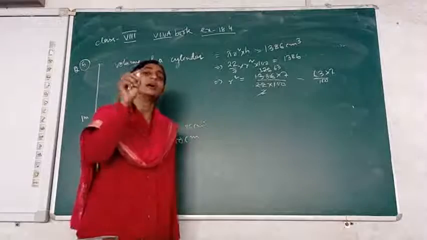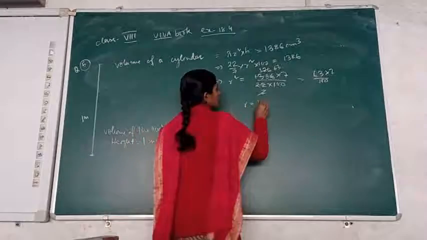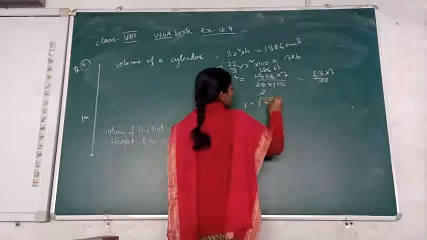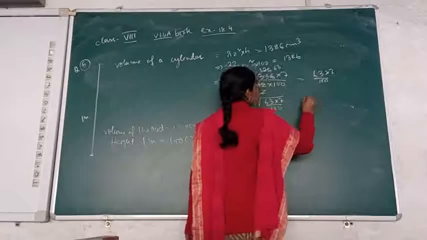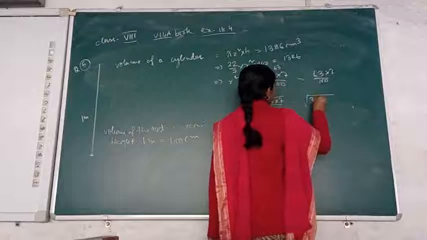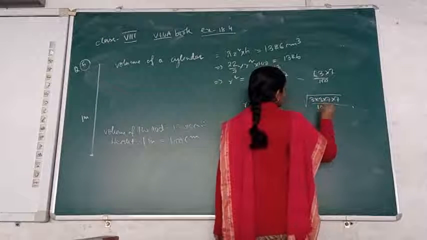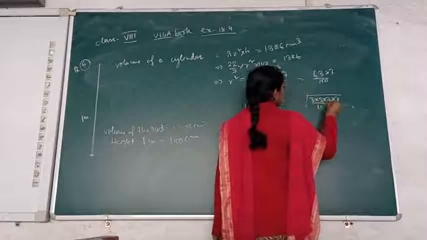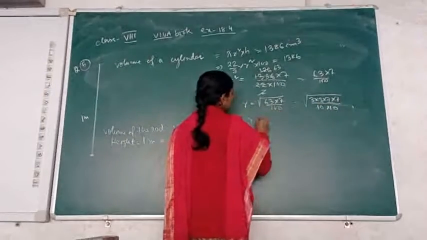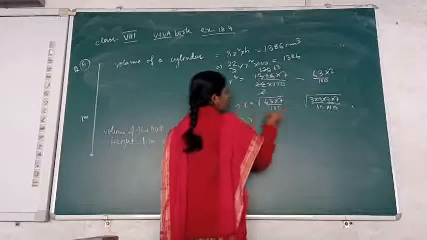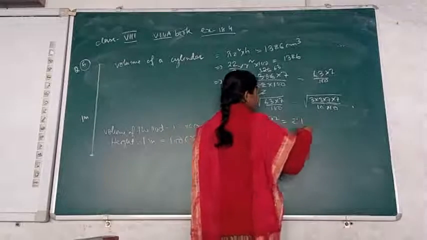But we need r, that means the radius of this rod. So r is equal to root over of 63 into 7 by 100. That means we can write it as 3 into 3 into 7 into 7 over 10 into 10. From that we can take out the roots, so r is equal to 3 into 7 by 10, or we can write 2.1.